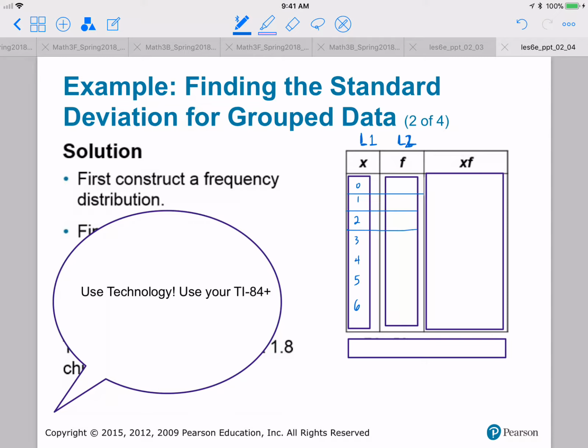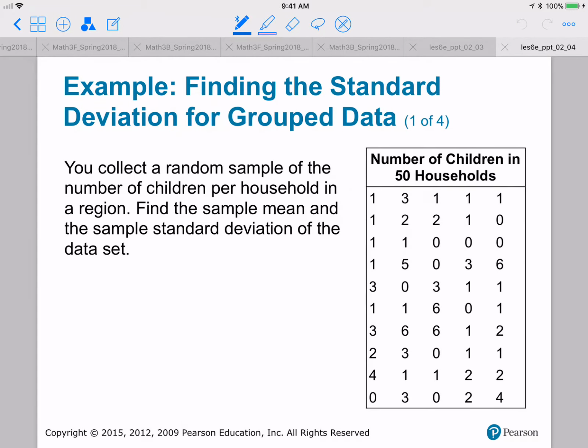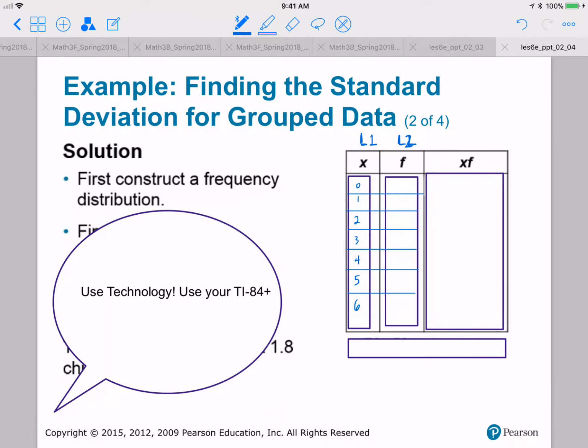We don't need to have midpoints because we have the actual data right here. We weren't given a frequency distribution, we were given a bunch of points. So we can use these points, but we can collect them so that we're not entering all of this data one by one into L1. So for L1, we're going to have 0, 1, 2, 3, 4, 5, 6. These are the possible data entries, and then L2 is going to be the frequencies at which those data values occur.